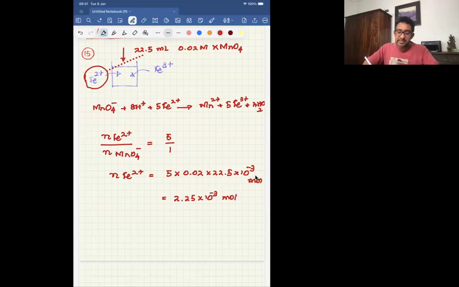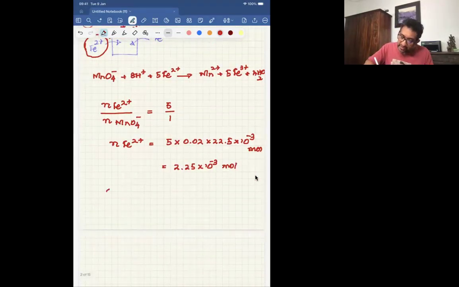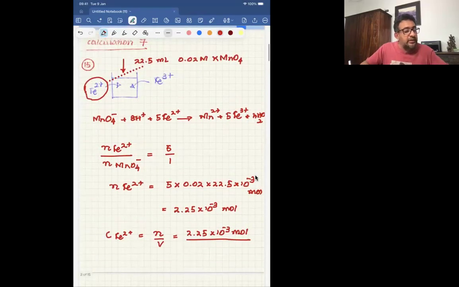So you don't have anything else. So what is the concentration of Fe plus 2 in the mixture? Number of moles divided by volume. What is the number of moles? 2.25 times 10 to the power minus 3. What is the volume? The volume that you have taken is 25 milliliters, 25 times 10 to the power minus 3 cubic decimeters.